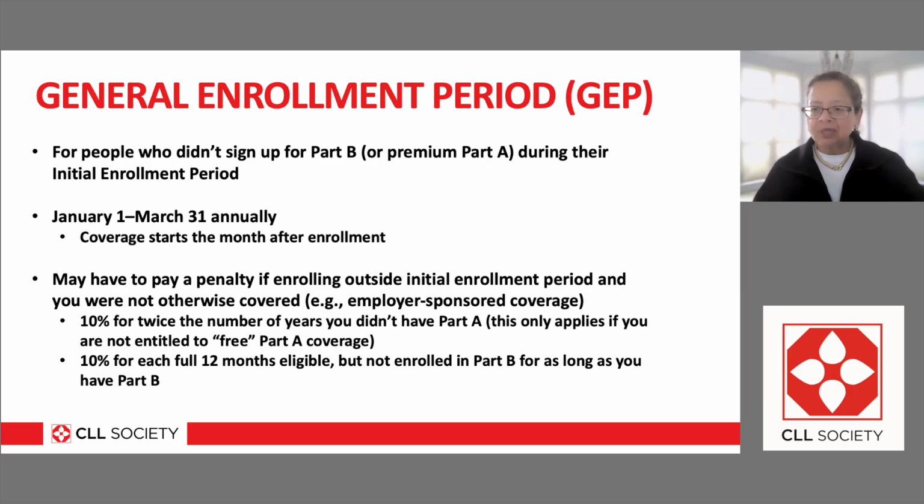If you were working up until the age of 65 and you were already in an employer plan, or even if you worked through the ages of 66, 67 and had an employer plan, then although you should check with your employer to make sure that it's equitable coverage, there will be no penalty for not enrolling in a Medicare plan, but otherwise there might be. So it's really important to watch those dates carefully.